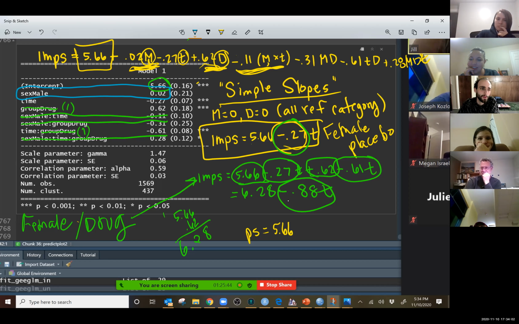I'm curious about when you were talking before about main effects. If you're interpreting this model, could you still say with these coefficients, the main effect of sex is, the main effect of time is, but just clarify that it's part of the complete model?